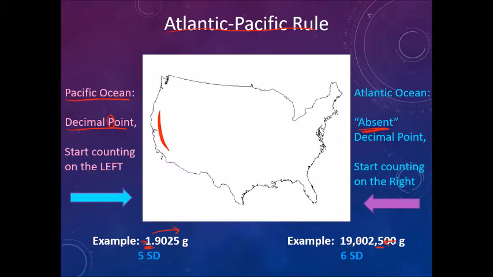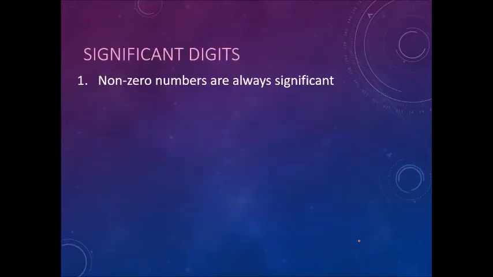Now we're going to take a look at the rules. You can look at it from the rule standpoint. You could use this strategy or you can memorize the rules. Non-zero numbers are always significant, and we're saying non-zero 1 through 9. Whenever you see any of those, they count. They're automatically significant. So, examples here. How many significant digits in the 72.356 then?